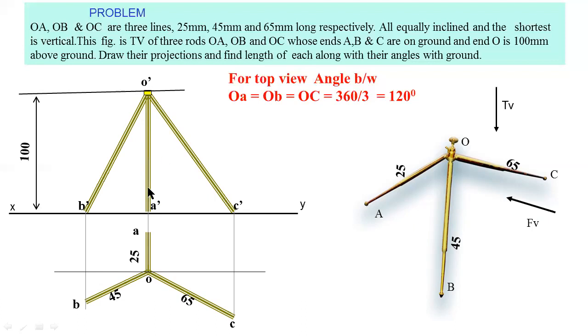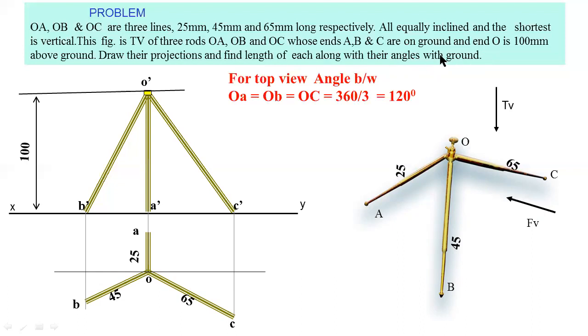But these three lines are not a true length. These lines are inclined to both the HP and VP. So you have to find the true length. For that purpose, you have to rotate the points A, B, C. From the given data, you have to find the angles with the ground.